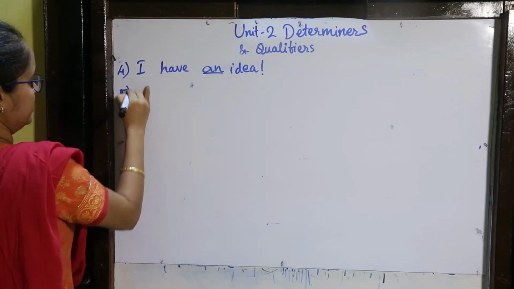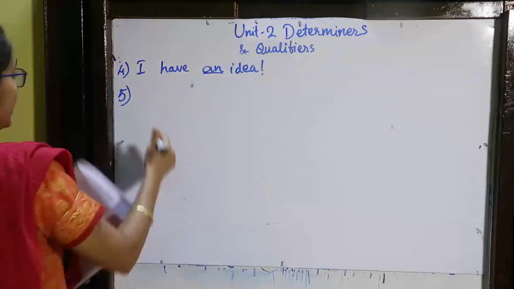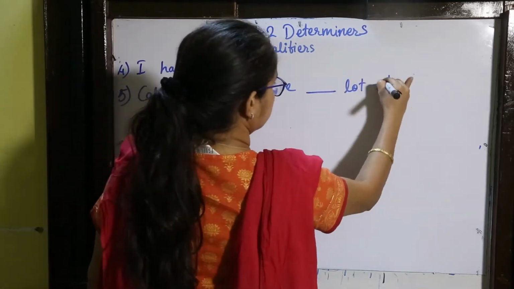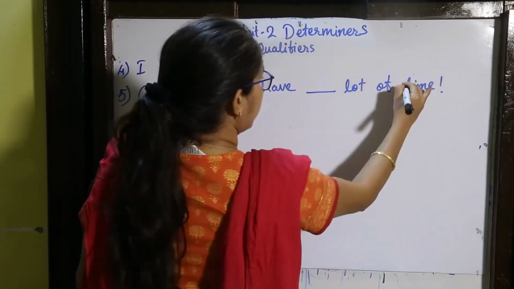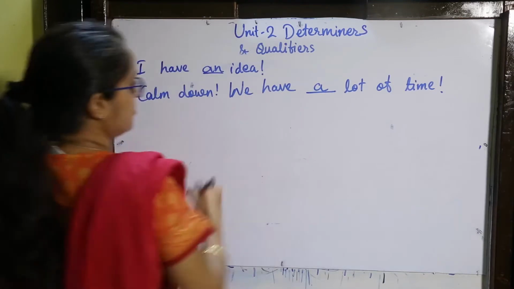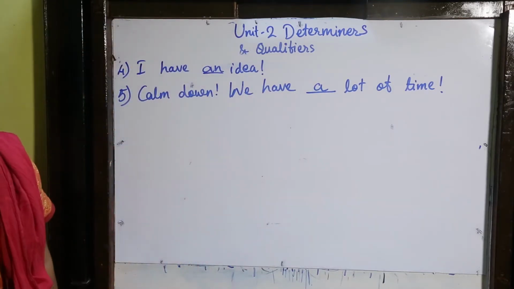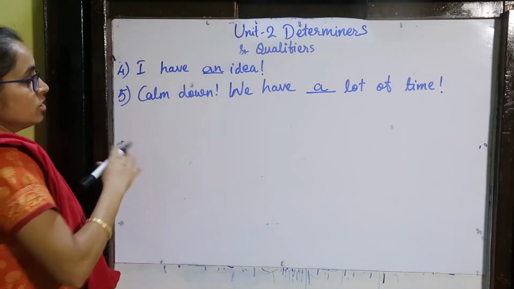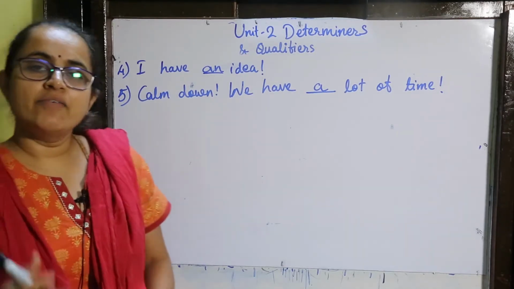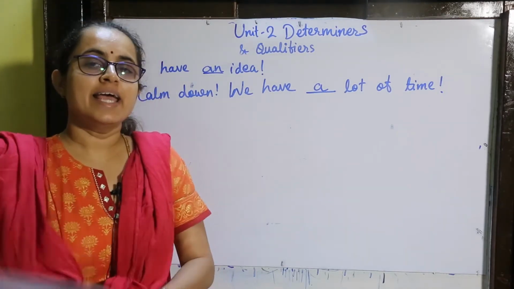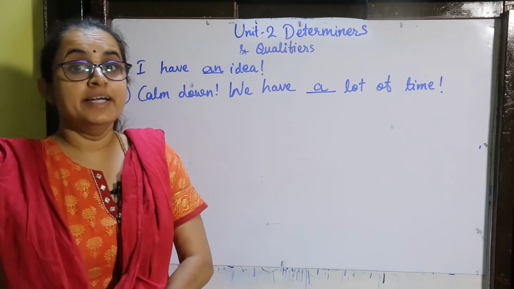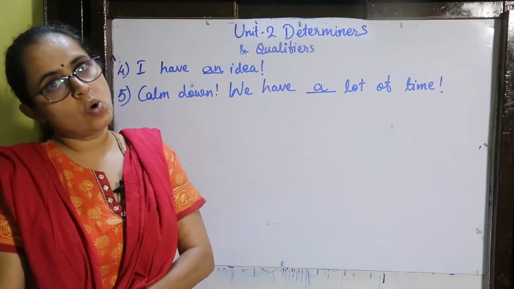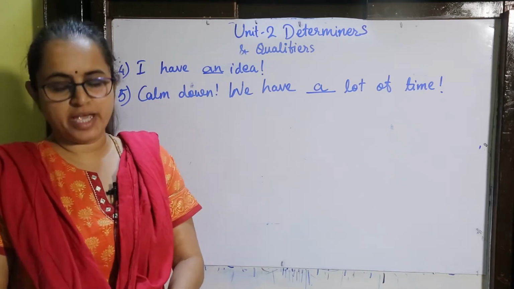Now the last one: we have a lot of time, so here it will come a. So this is how you know where to put the articles a, an, and the. Now we will move on to the types of determiners.